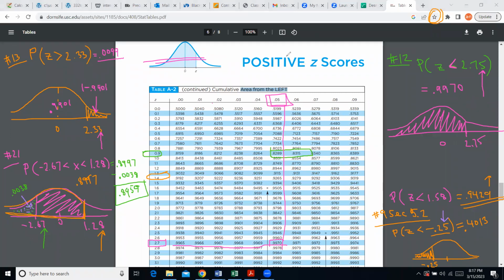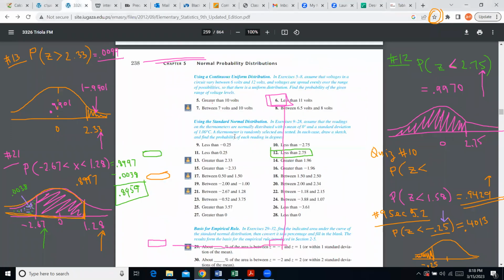So let's have you try to do the quiz, number 10, as promised, right? So exercise 10 is asking you, let me write it, the probability that z is less than negative 2.75.